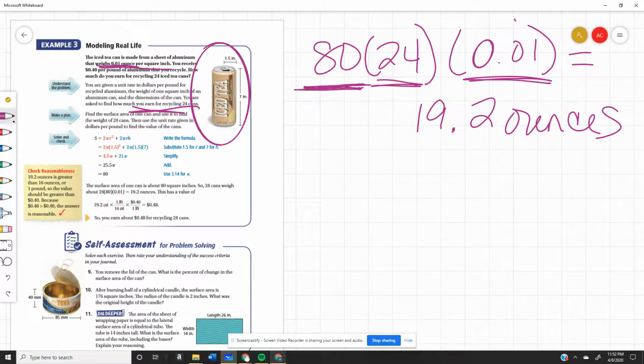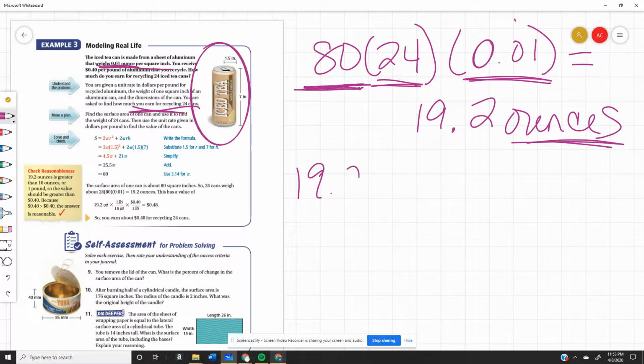Now, here's where it can get tricky. If all of that wasn't tricky enough, now we have to find out how much we make for recycling the 24 cans. We know that we get paid 40 cents per pound. We're not dealing with pounds right here. We have it in ounces. So the first thing we have to do is convert from ounces to pounds, and then convert that to the amount of money that we earn.